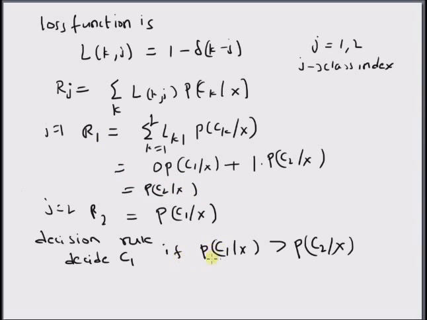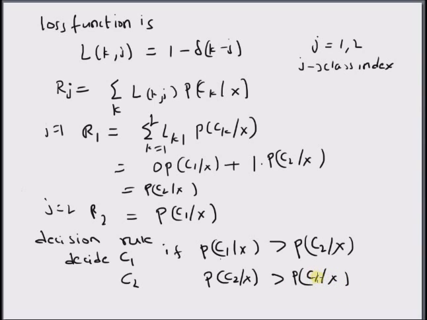Hence, we decide class C1 if the posterior probability of C1 given x is greater. And similarly, we decide class C2 when the probability of C2 given x is greater than the probability of C1 given x, because we already derived that the risk is equal to the probability of C1 given x.